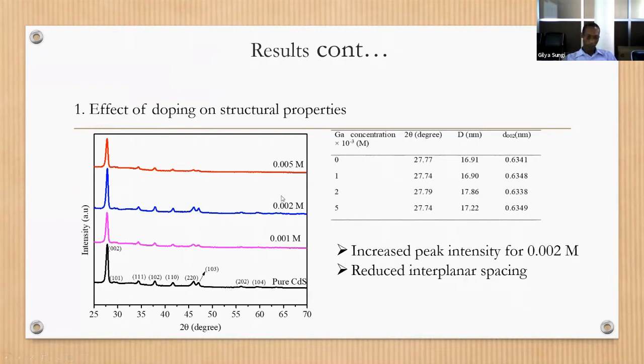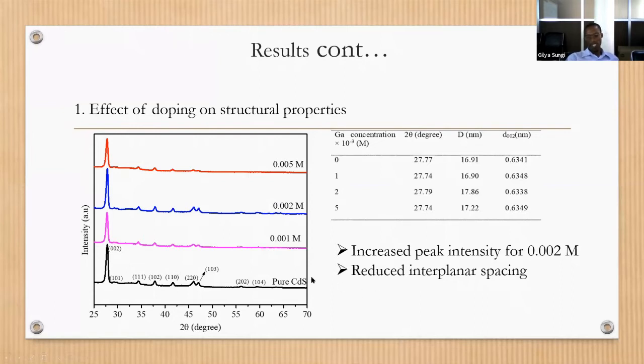In our result, we found that the peak intensity for the film doped with this gallium concentration was large. That can be associated with an improvement in the crystal quality of the film prepared. And we observed a reduced interplanar distance for the film prepared with this concentration.